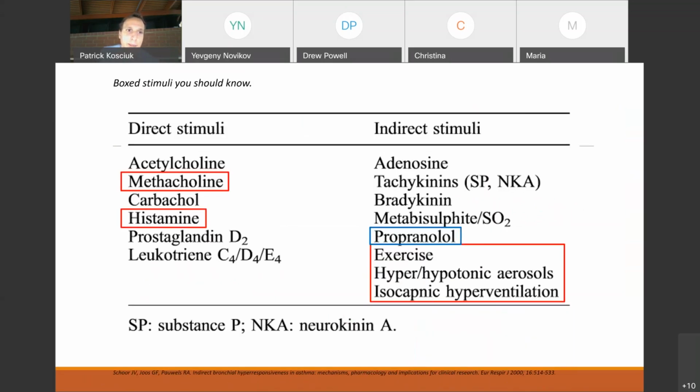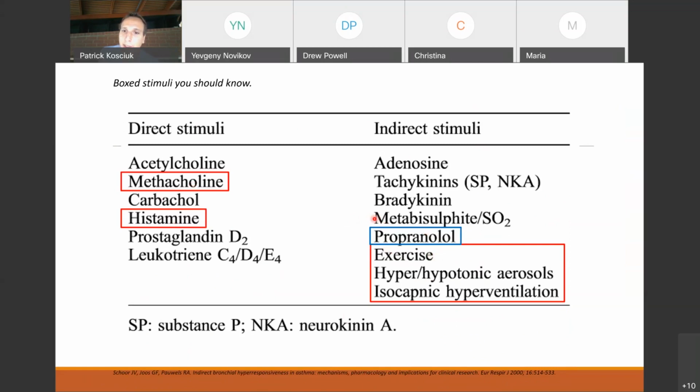So again, direct stimuli, methacholine and histamine are important to know. Indirect stimuli, weirdly propranolol. Again, when we start talking about maybe avoiding non-specific beta blockers in the setting of asthma, maybe we're starting to look at these processes, but I'm not going to belabor this point.